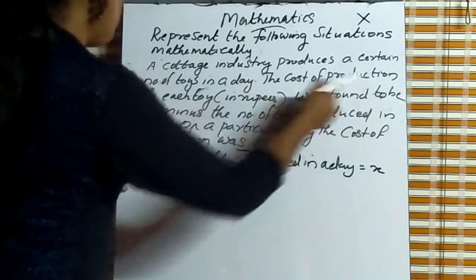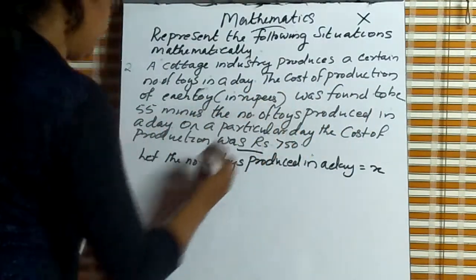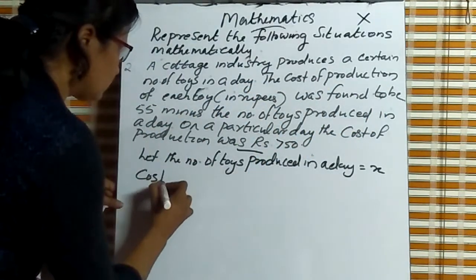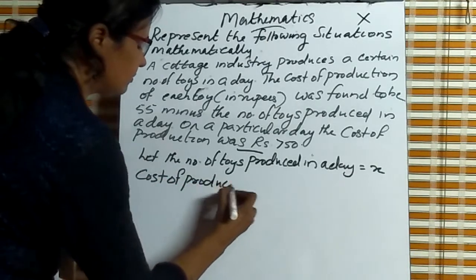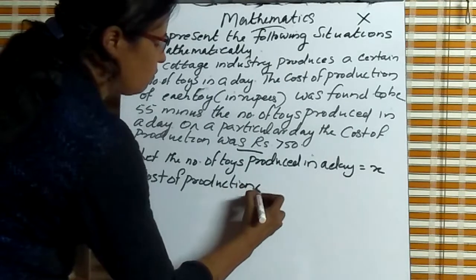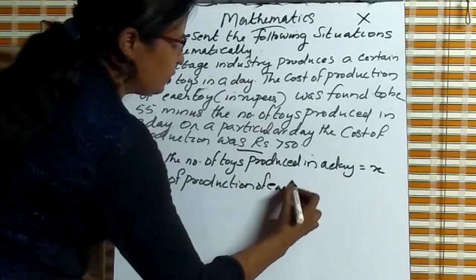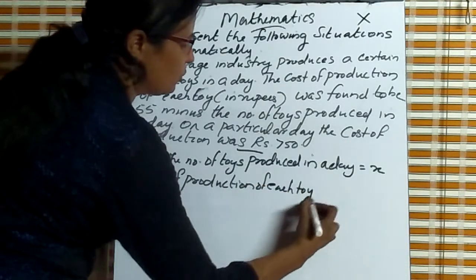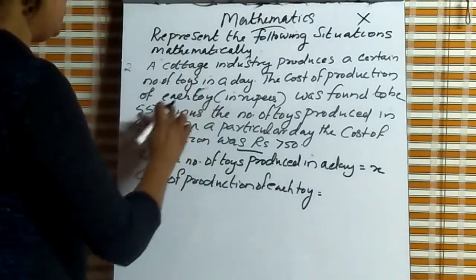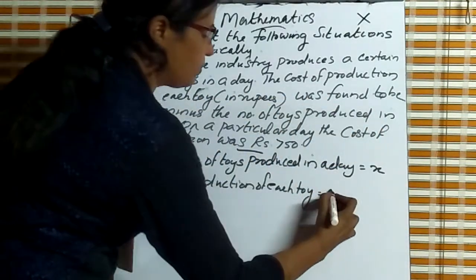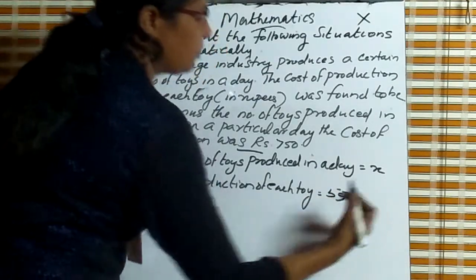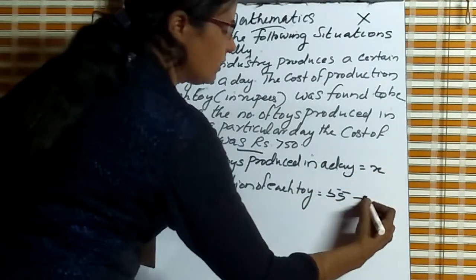The cost of production of each toy is 55 minus the number of toys produced in a day, that is 55 minus x.